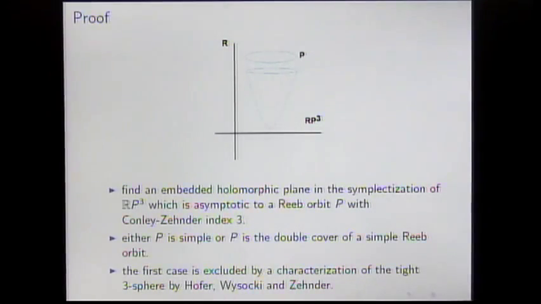And if you use the characterization of the three-sphere that Richard has mentioned in his talk, then you would conclude that the manifold must be S3, with the existence of that plane. It should be S3 if the asymptotic limit is simple. So it cannot be. It must be the double cover of a simple periodic orbit, and this periodic orbit must be non-contractible, otherwise the index should be at least 5.